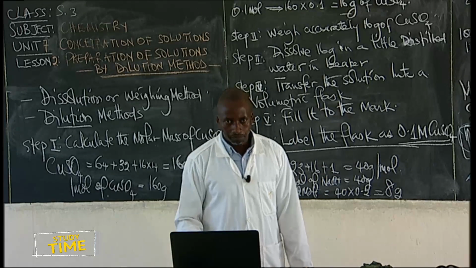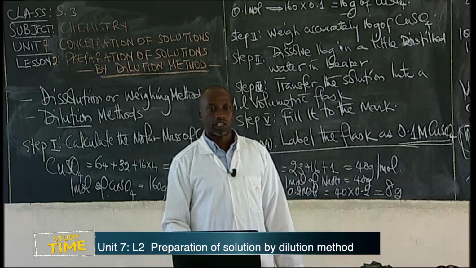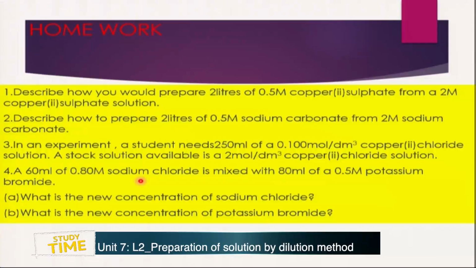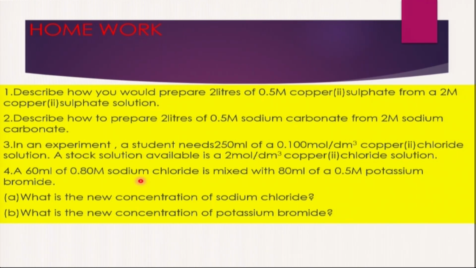Before I leave, I'll just ask you to attempt the homework. Then next time when I come back, we will go through them. Describe how you would prepare 2 liters, that is 2 decimeter cubed, or 2,000 cubic centimeters, because the liter is equivalent to 1,000 cubic centimeters. 2 liters of 0.5 molar copper 2 sulfate from 2 molar copper 2 sulfate.